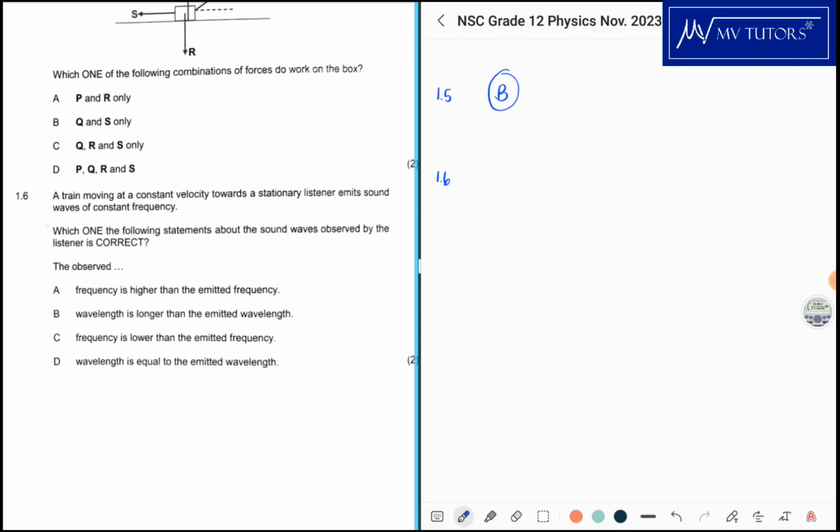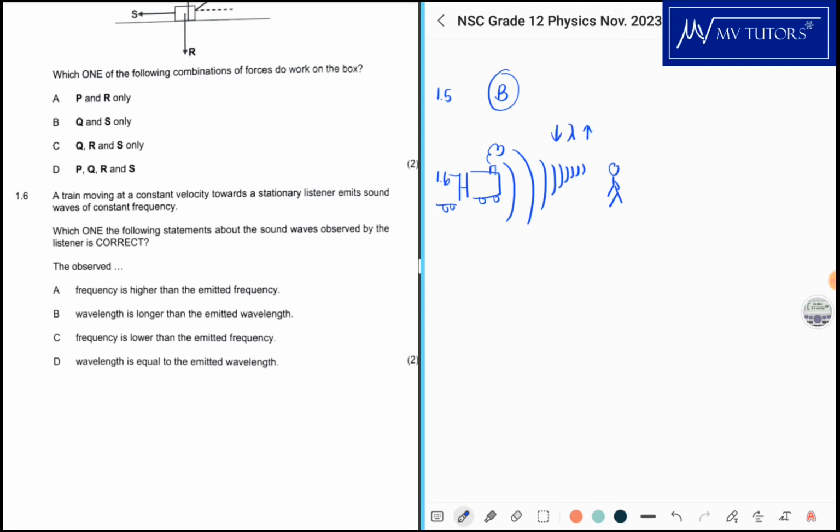So you have a train moving towards a stationary listener. If you have your stationary listener over here and the train is moving towards the listener, the wavelengths start out big, but then they become smaller. As the wavelengths reduce, your frequency becomes higher.